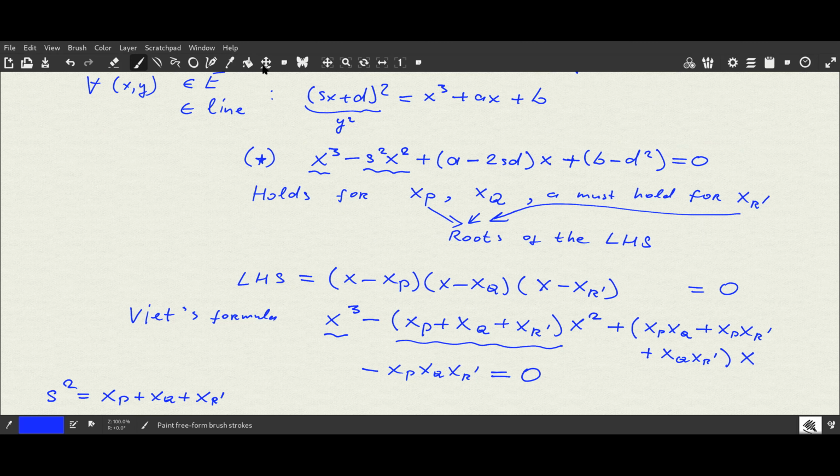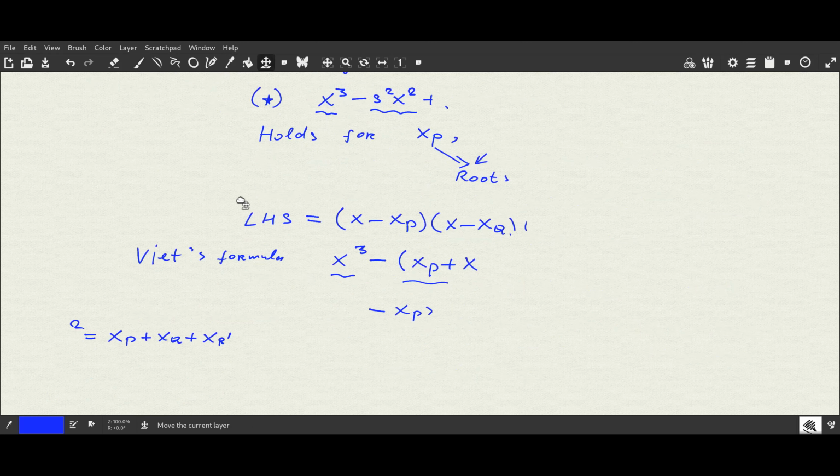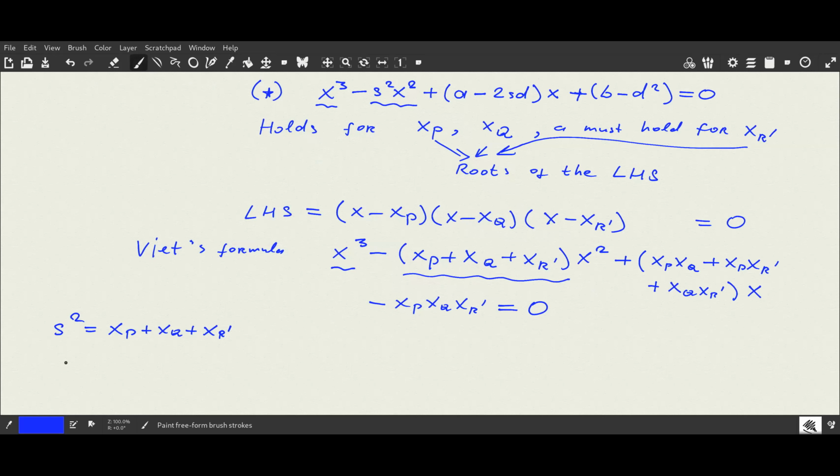So from that point of view, making this trick, we immediately see that xr prime is just s squared minus xp minus xq. And then once we got that, we, in the standard way as before, we derive from the linear equation yr prime, which you remember was s times, for example, xr prime minus, for example, xp plus yp.